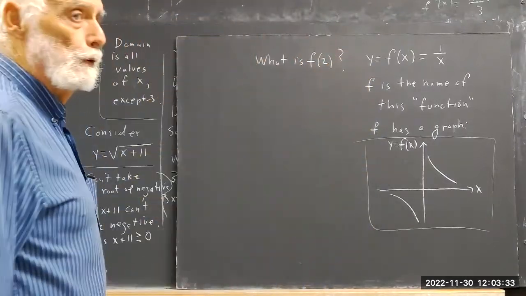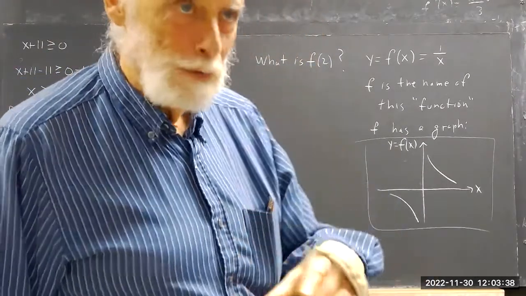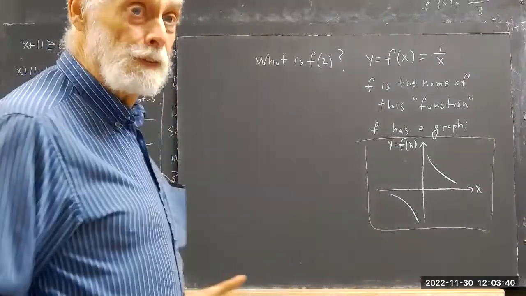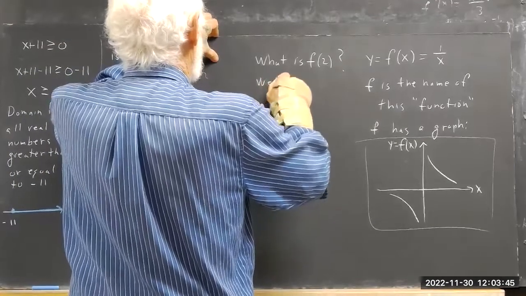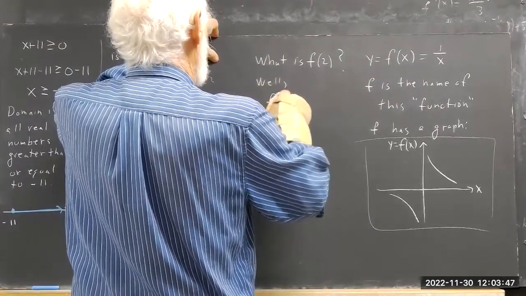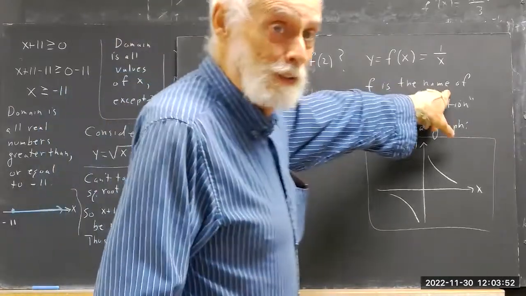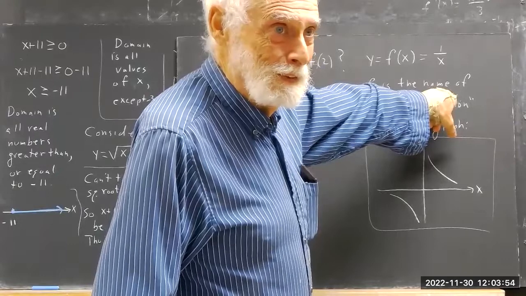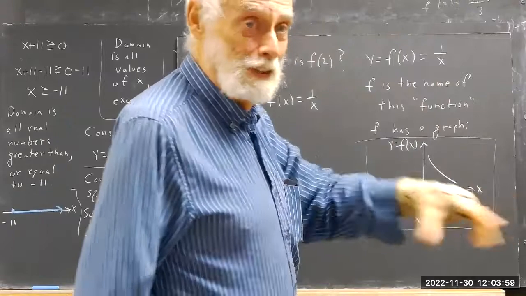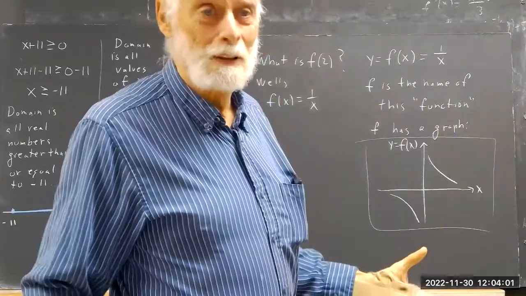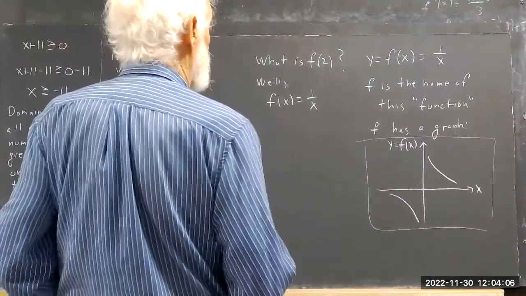Okay, so what is f of 2? Well, we're going to answer that question in a very obvious way. f of x equals 1 over x. I said that. They better believe it. Or not. That's what f of x is until we change our mind and f of x becomes something else. f of x is 1 over x.